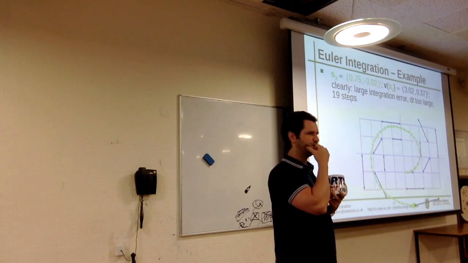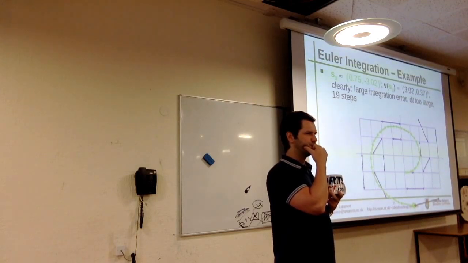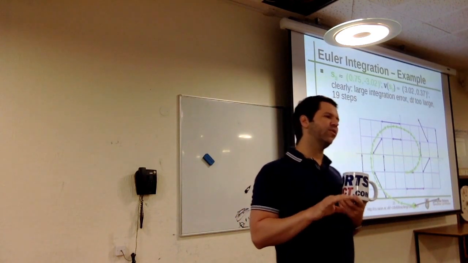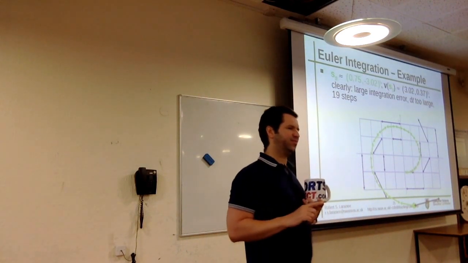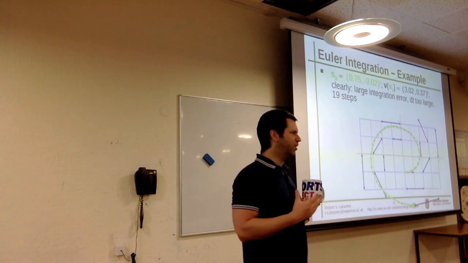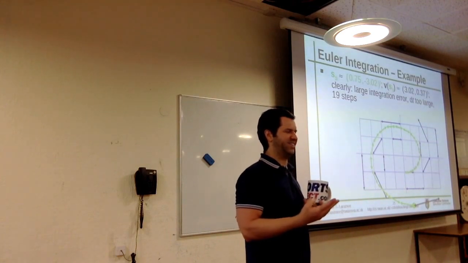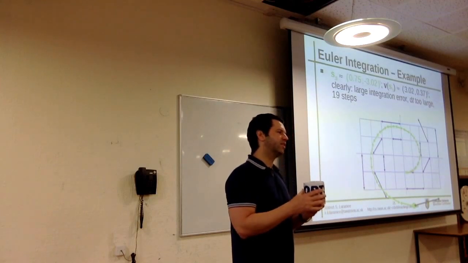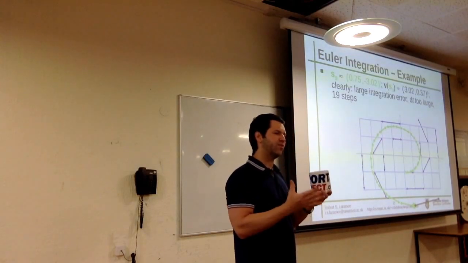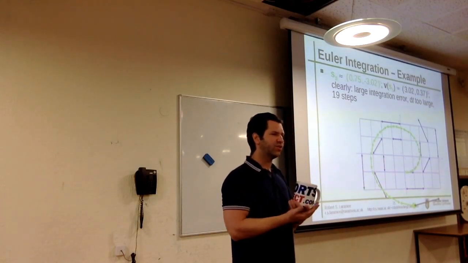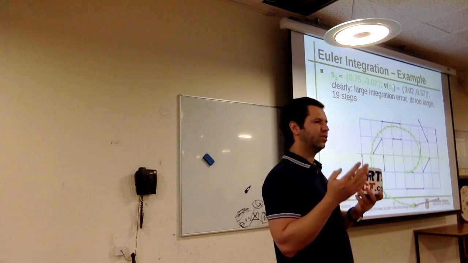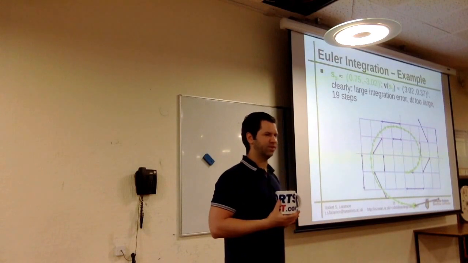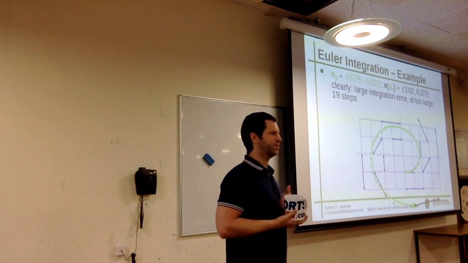Is it like we have to memorize the formula? No, since I'm very poor at memorization, I don't inflict that on you guys. But you might be given a formula, and then you have to do something with it, like: here's the Euler integrator, compute some streamline points with this Euler integrator.